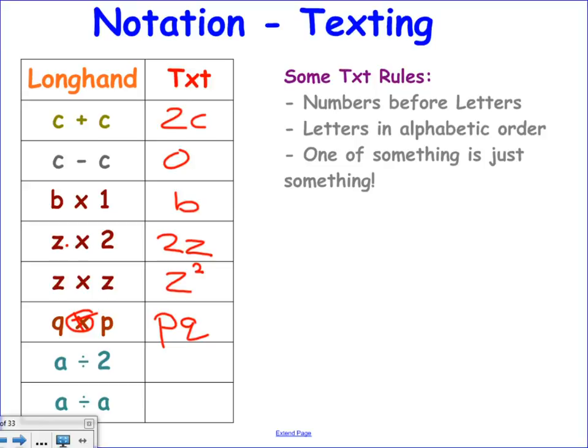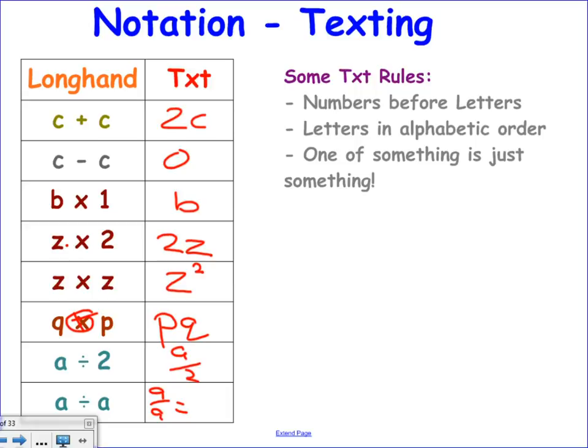A divided by 2. Doesn't look like that. A over 2. We write it in fraction form in our text speak. And then finally A divided by A. What is it? A over A. Which is the same as what? What's 10 divided by 10? 1.